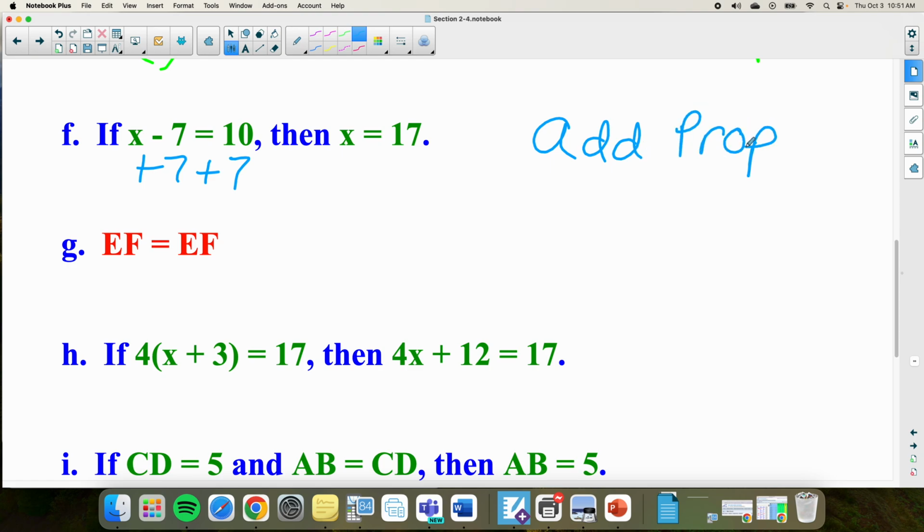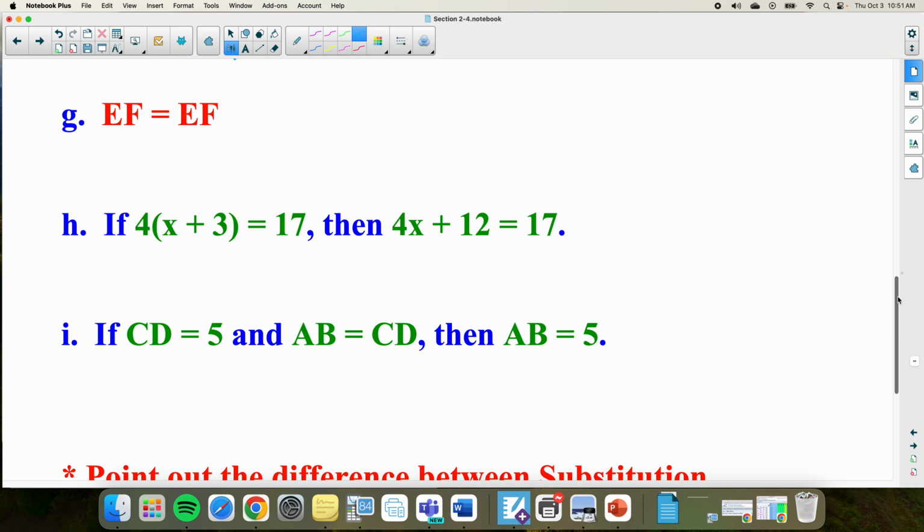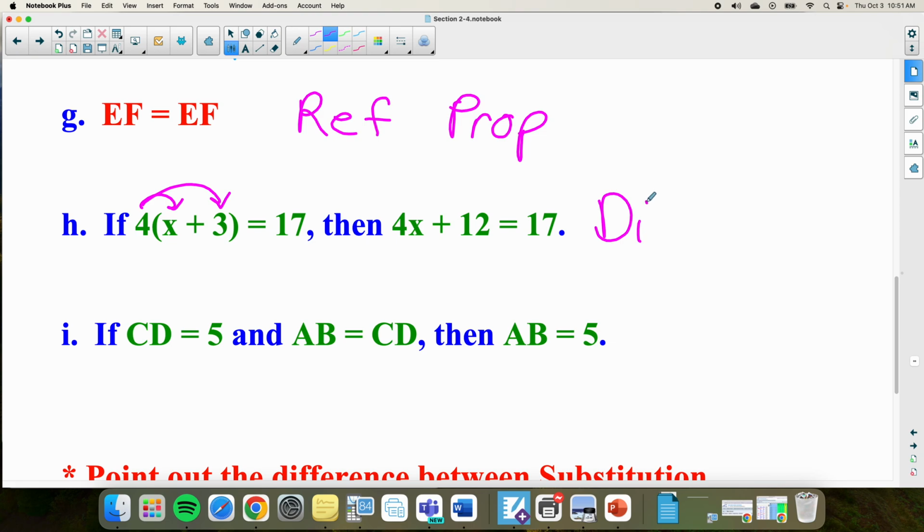How about G? Reflexive. Both of those are equal to itself and it only has one equal sign. So anytime something is equal to itself, it's reflexive. What about this one? Yeah, distributive. So we are just going to go DIST prop.